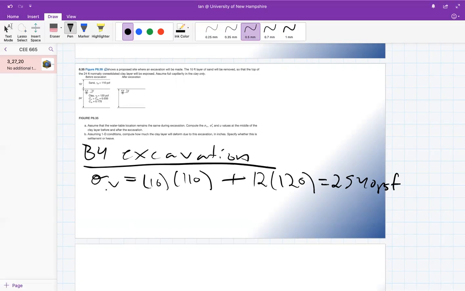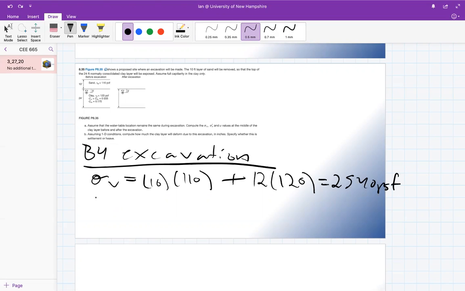So now let's figure out the effective stress. Actually, let's do this, because remember I said in a previous recitation that a lot of these we can go about any way we want, and you'll roughly get the right answer if you find total stress first, or pore water pressure, or effective stress.